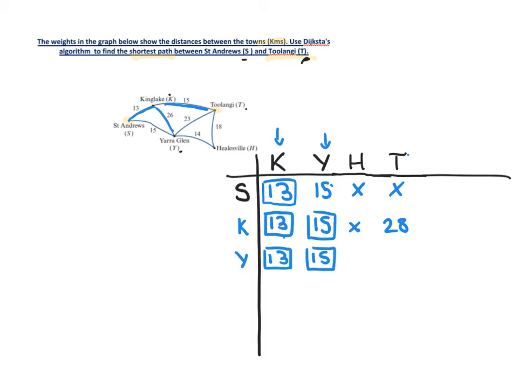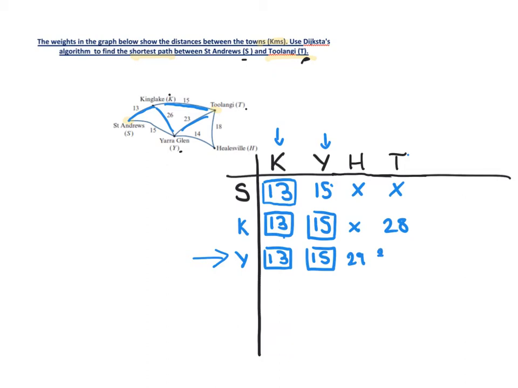And repeat. Y to H is a connection. Yep, 14 plus the box number for row Y, which is 15. So there we get 29. Look above. There's no number there, so we're going to put 29 in there as we've got nothing else to bring down. And then we go Y to T. Is there a connection? Yes. It's 23.